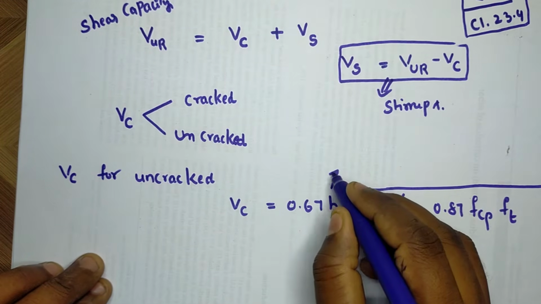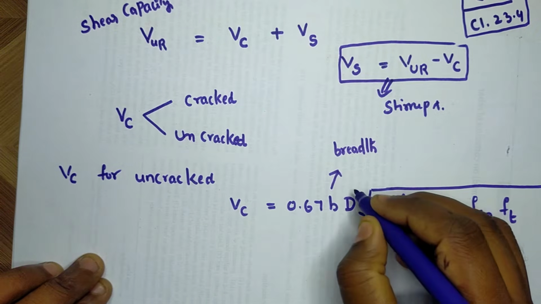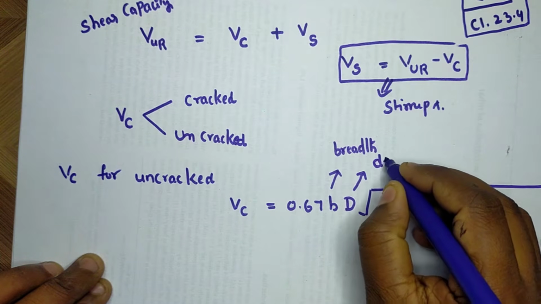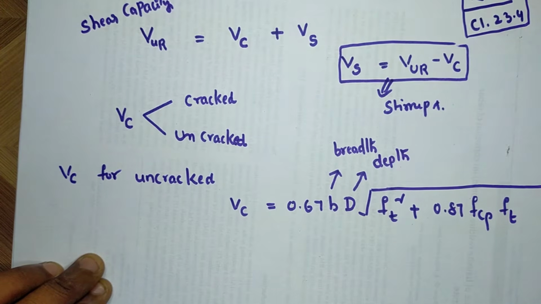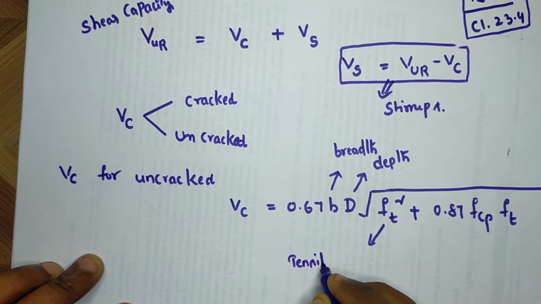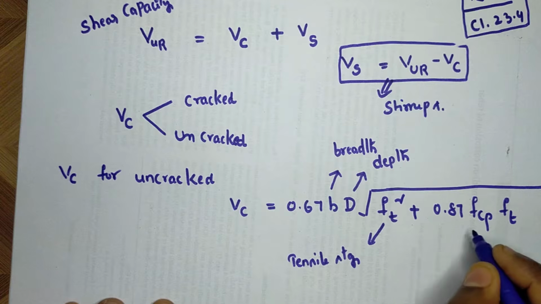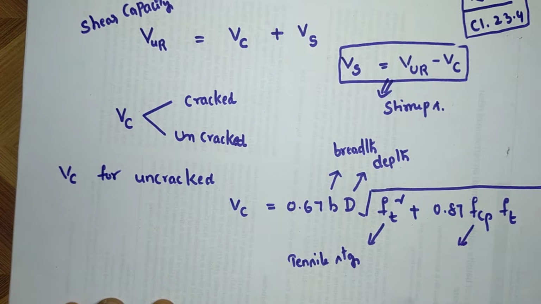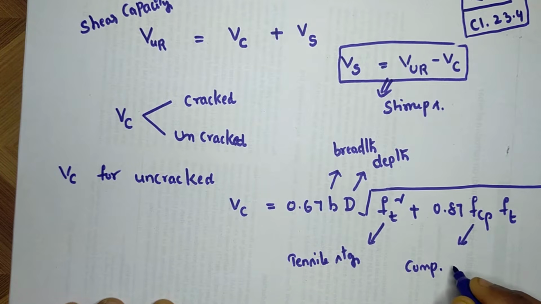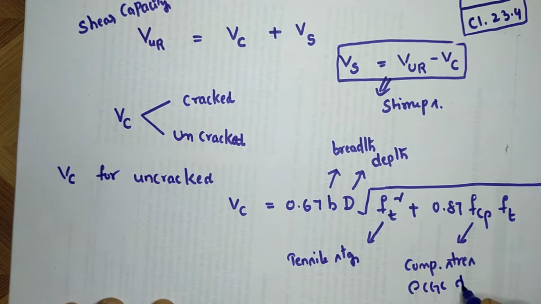where b is the breadth of the member, D is the depth of the section, ft is the tensile strength of the section, and fcp is the compressive stress of concrete at the CGC due to prestress.